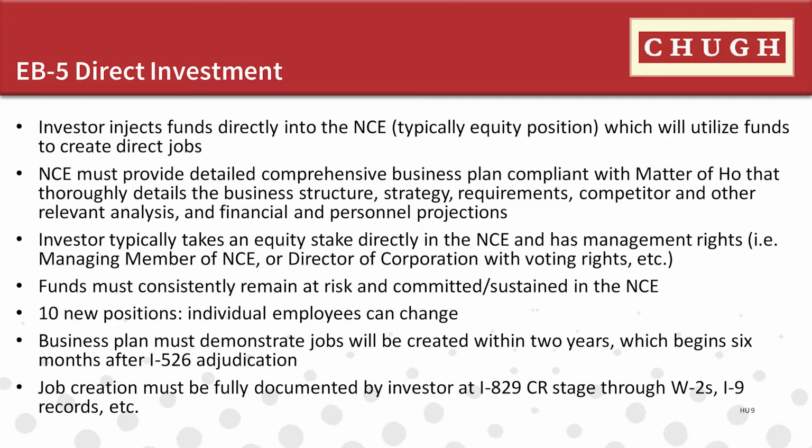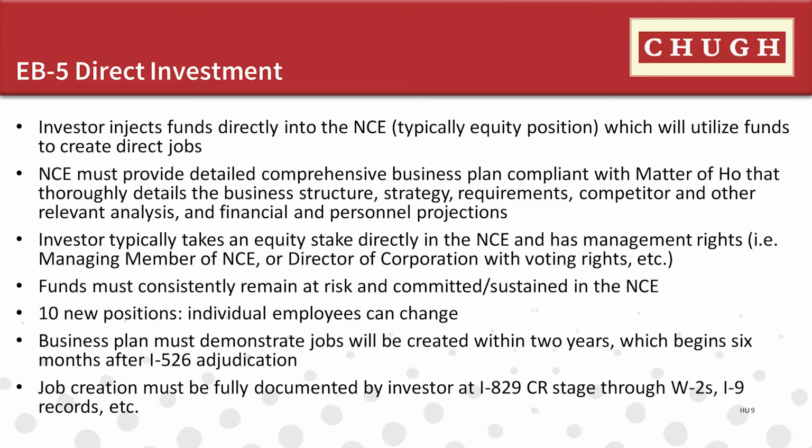In terms of new hires, it's all about the position. It doesn't necessarily have to be the same person. It could be John today, Steve tomorrow, whatever the case may be, but it's the position. So if John is the managing director, and Steve is the managing director 2 months later, that's okay. It's the positions that USCIS is looking at in terms of the business plan to demonstrate the ability to create the job.